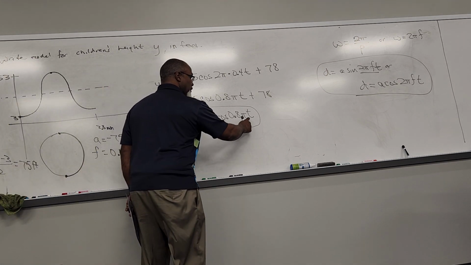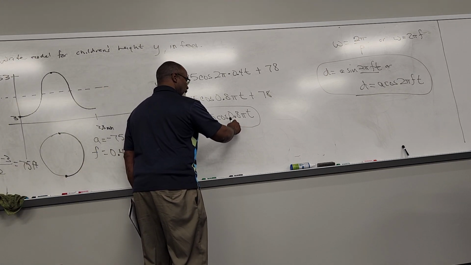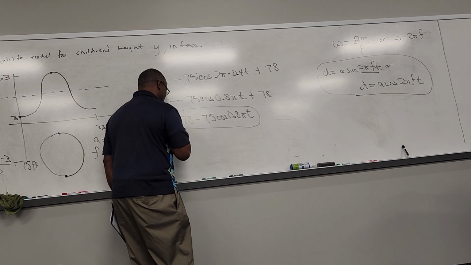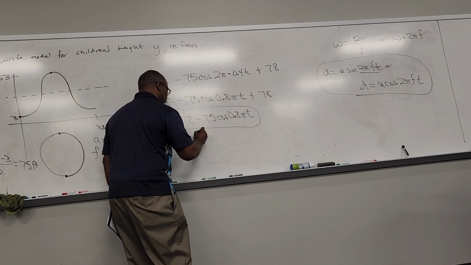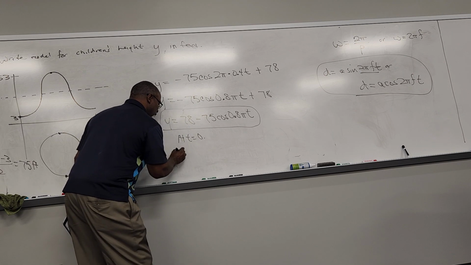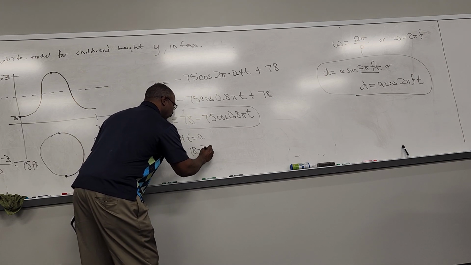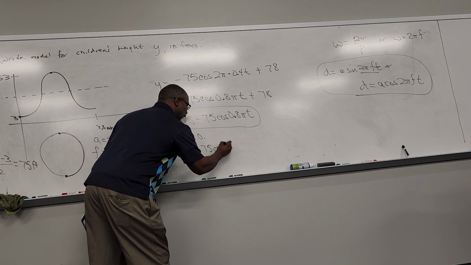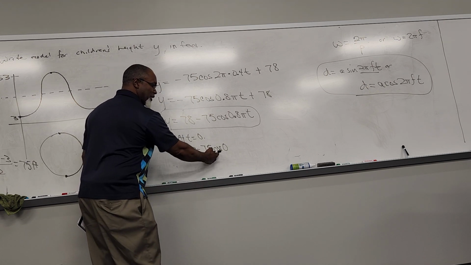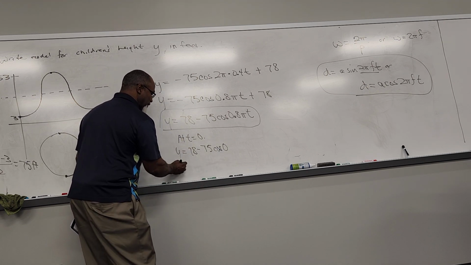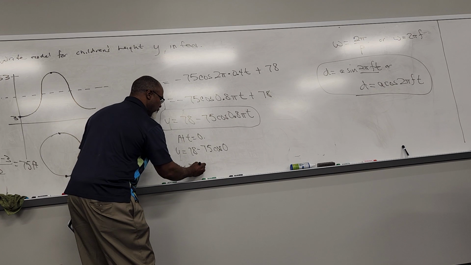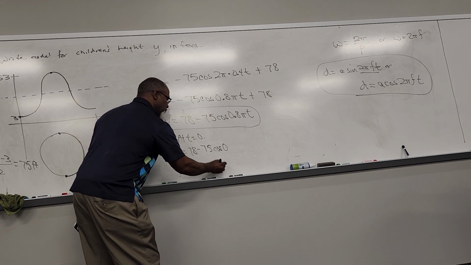So at t equals 0, cosine of 0 is 1. You'd have y equals 78 minus 75 cosine of 0. But cosine of 0 is 1. So that's just 78 minus 75, which is 3 feet.